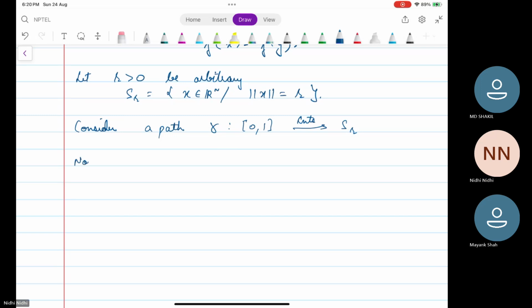Now, f composed with gamma is a function from 0 comma 1.